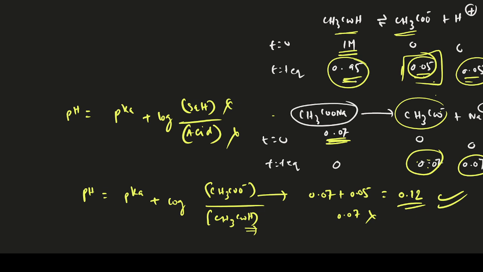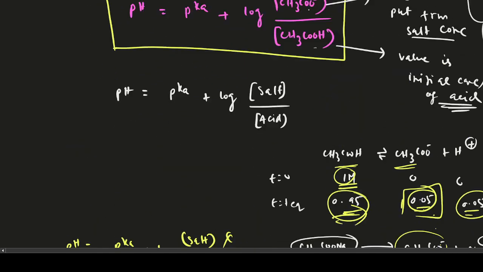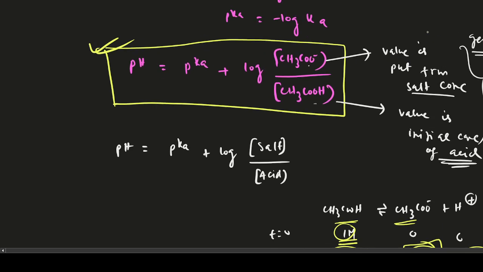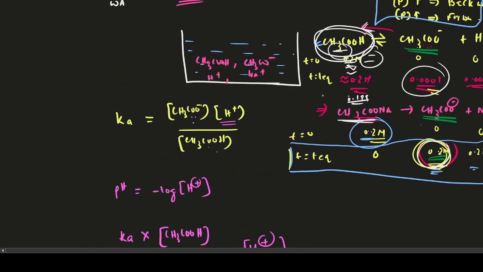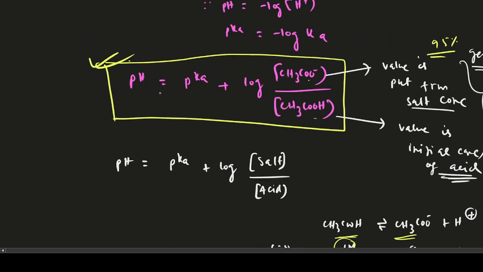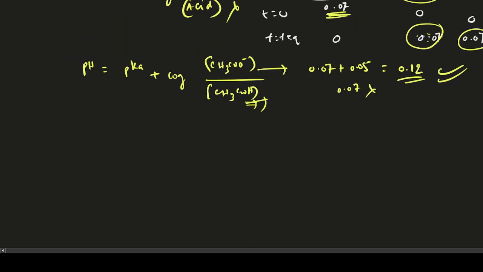So if the strong electrolyte concentration is given very low, this will not be applicable. But 95% of the time they will give the high concentration value, the same as the equilibrium value, and in that case we can use this formula. This is how we will calculate the pH of the solutions.